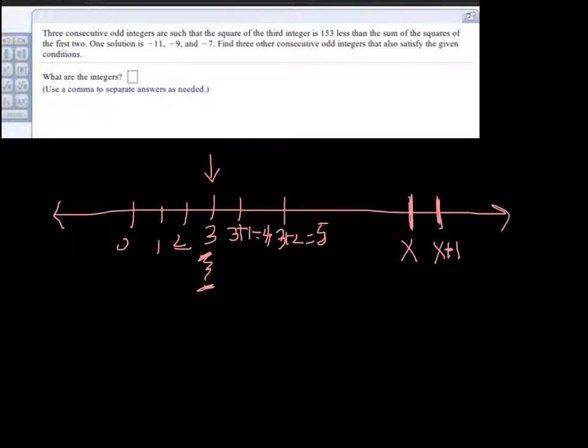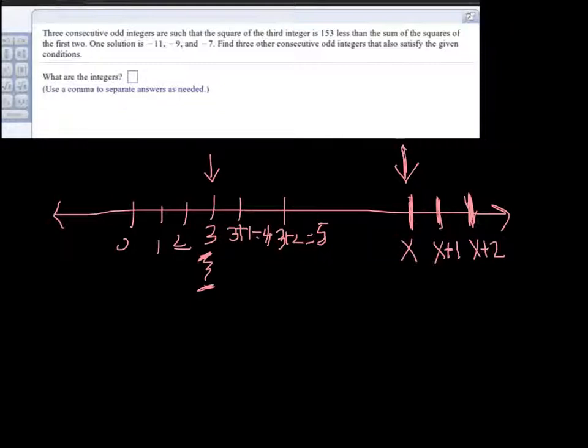And if I wanted to know the second consecutive integer, the one right after that, using my reference point of x, I would have to add 2 to my x, right? And we could continue this out. The next number would be x plus 3, and so on.